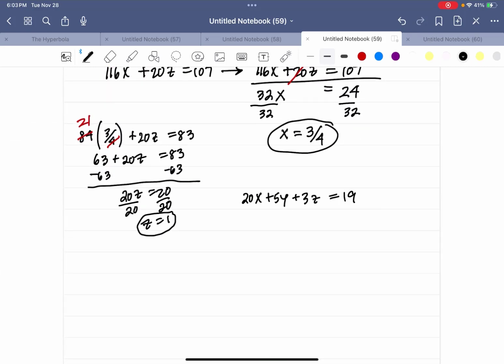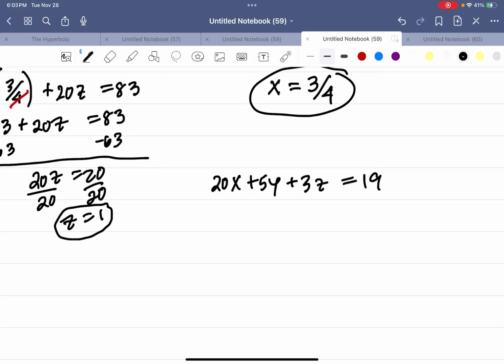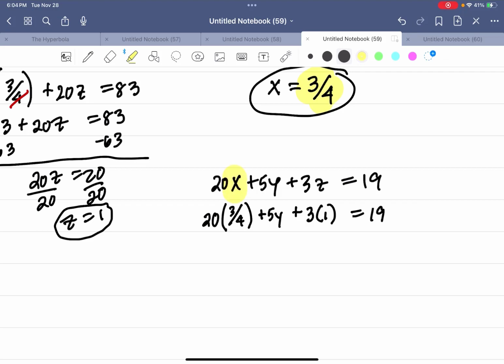And I'm going to put in all that I know. So I know 20 times 3/4 plus 5 times y, plus 3 times 1 equals 19. So I put the 3/4 in for the x and the 1 in for the z.